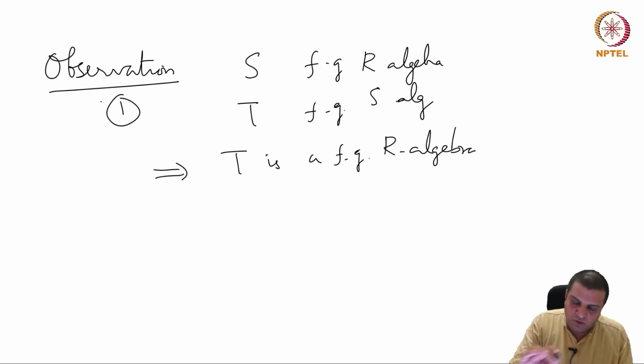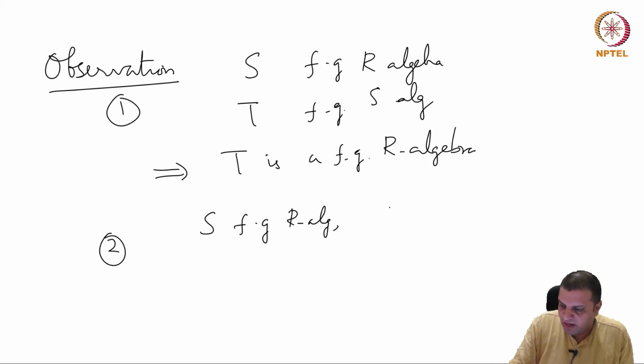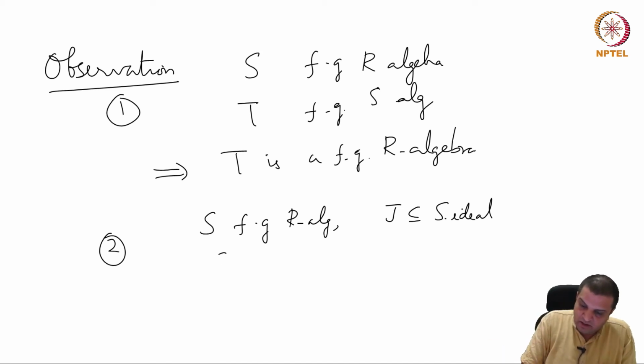The second observation is: S a finitely generated R algebra and J an ideal of S, then S mod J is a finitely generated R algebra.